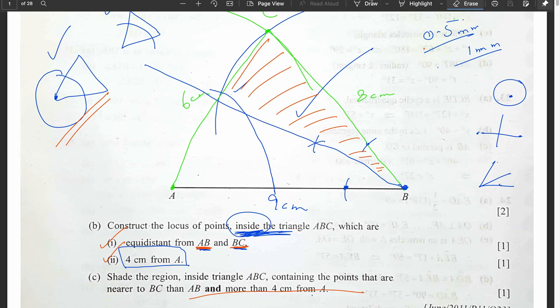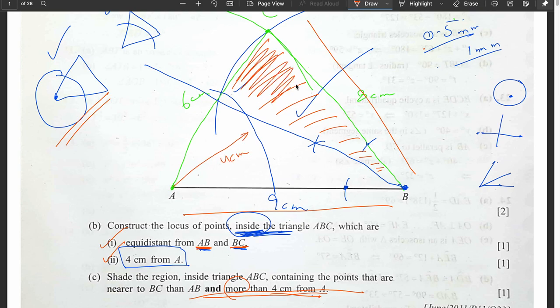Third thing is the statement and the language of the question. So nearer to BC than AB must be on the upper side of the angle bisector. And this is more than 4 centimeters from A, so it is further away, outside the arc which we made of 4 centimeters. So this is your shaded region. Clear?